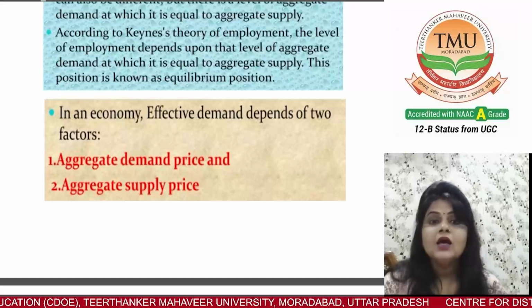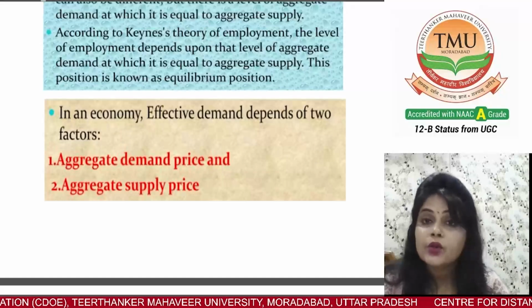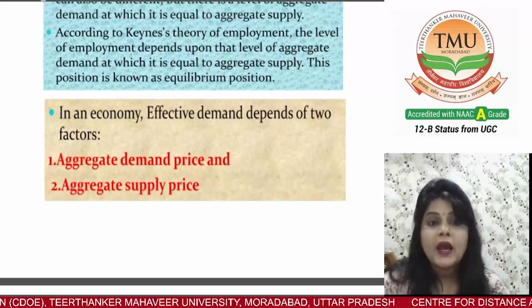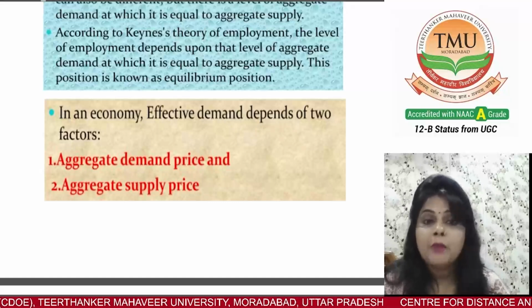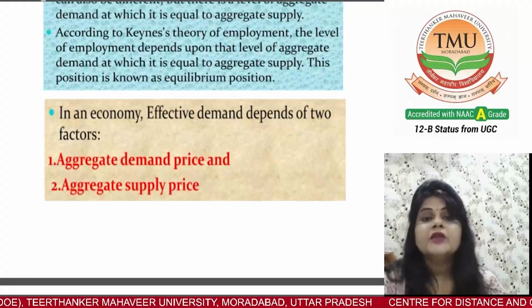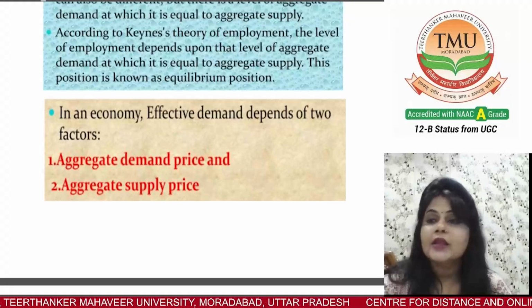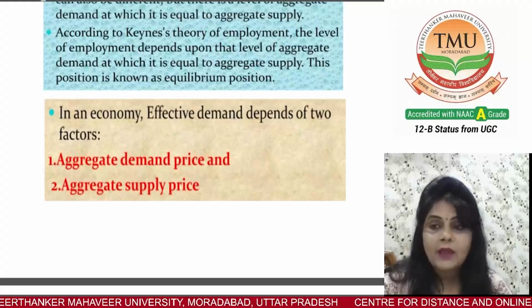Thus, according to Keynes, the level of employment is determined by effective demand, which in turn is determined by aggregate demand price and aggregate supply price.